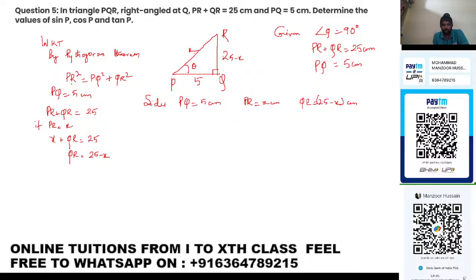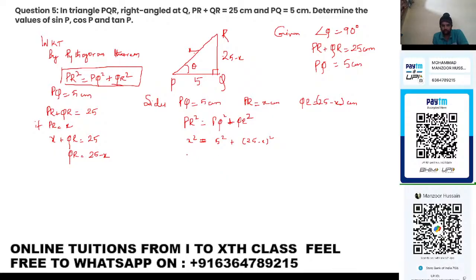Now, we know that PR square is equal to PQ square plus QR square. That gives X square is equal to 5 square plus 25 minus X whole square.